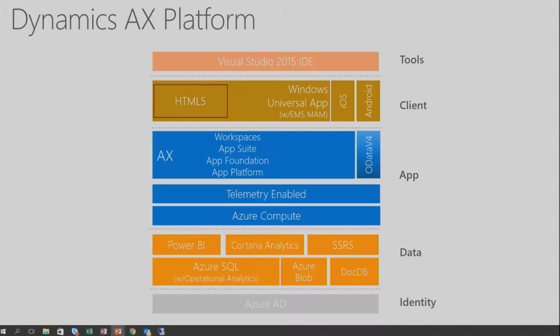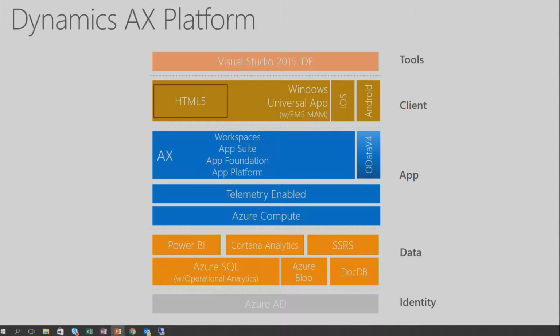Then you look down to the next tier, where it says telemetry enabled. You can say we basically send events from AX into persistent data stores. Then below that, you have Azure Compute.